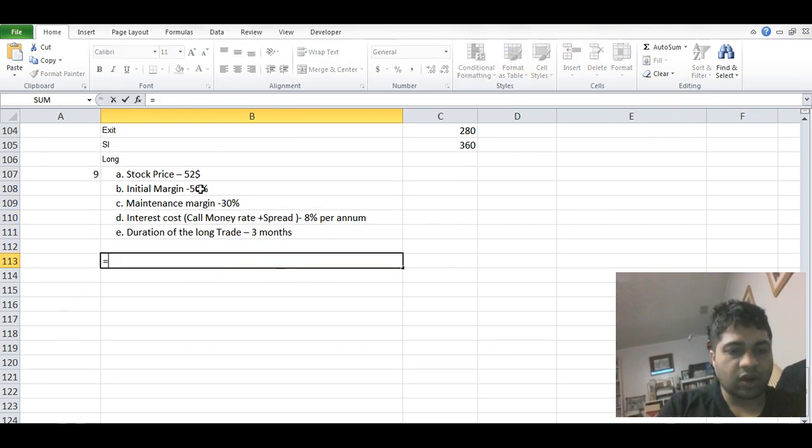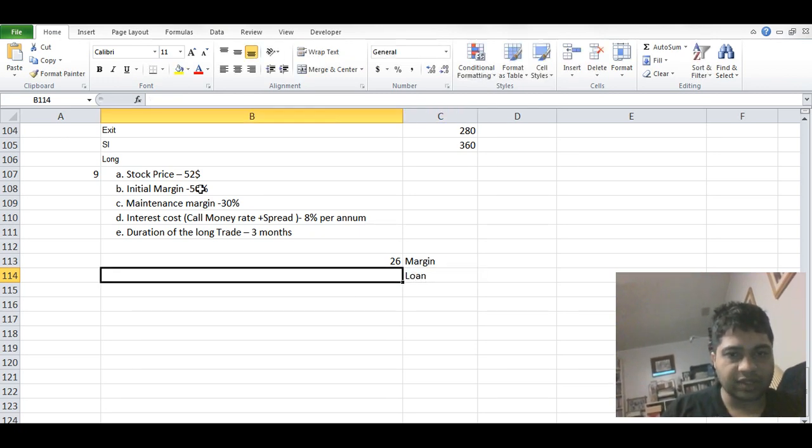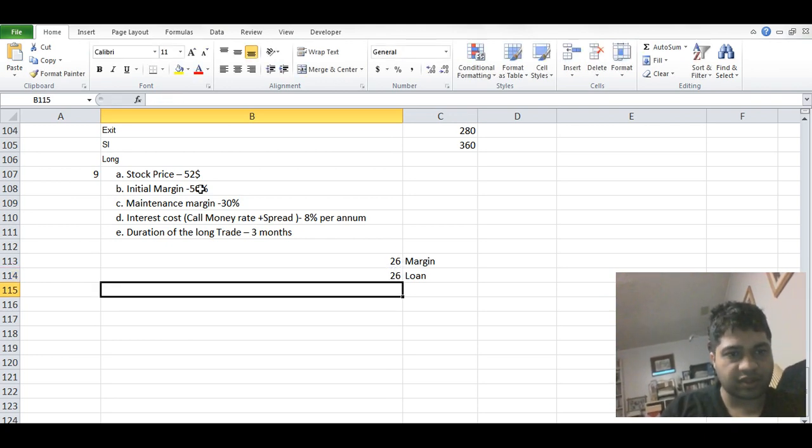So out of $52, you only have to put 50% as margin. So your initial margin will be $26. So how much is the loan? Loan is full price minus the margin amount, that is 52 minus 26. $26 is the loan.